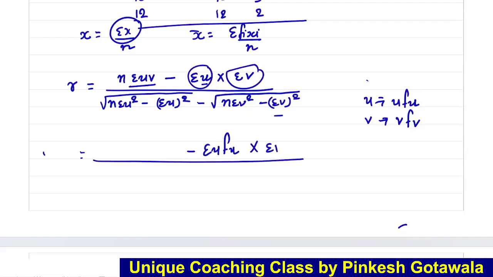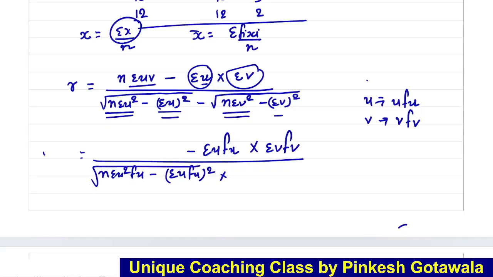Sigma v becomes sigma v fv. Now here n sigma u square, so sigma u square fu. Here sigma u fu whole square. Now here sigma v square fv, sigma v fv whole square.